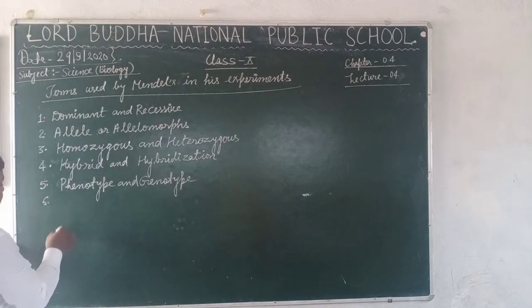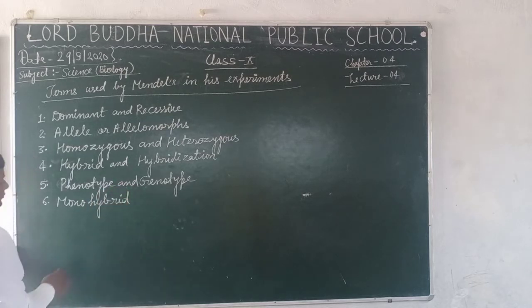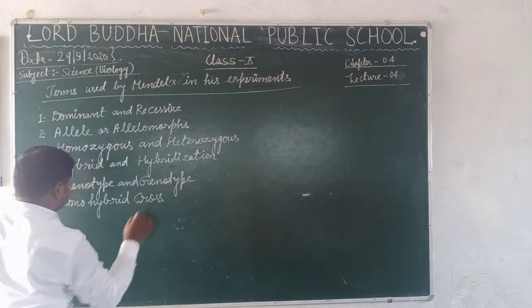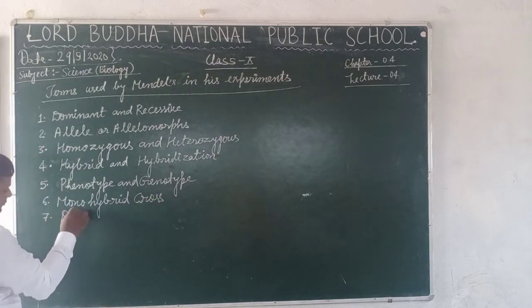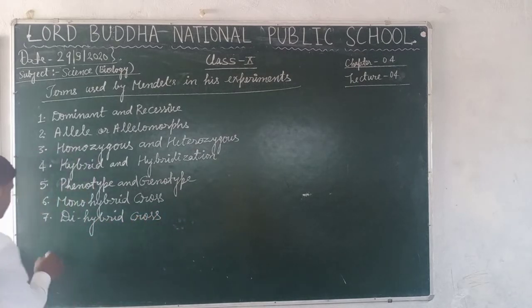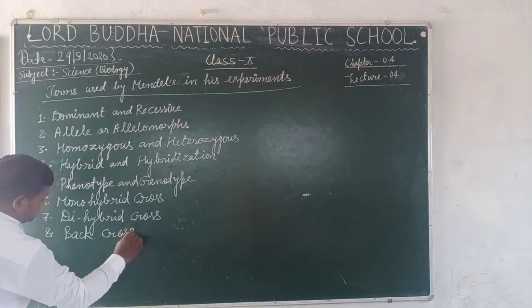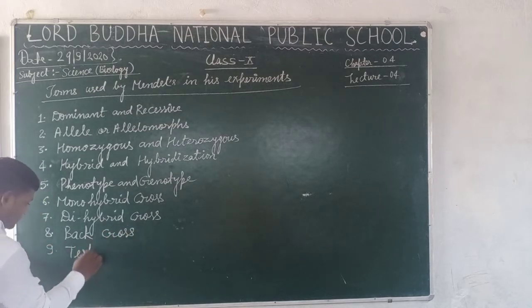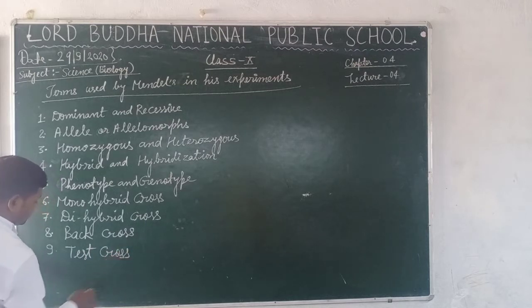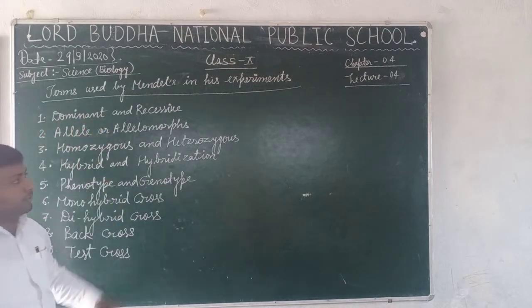The next one is monohybrid cross, dihybrid cross, the back cross, test cross, etc. So students, we are going to discuss all these characteristics one by one.